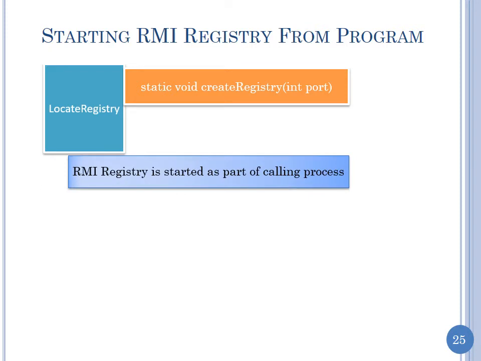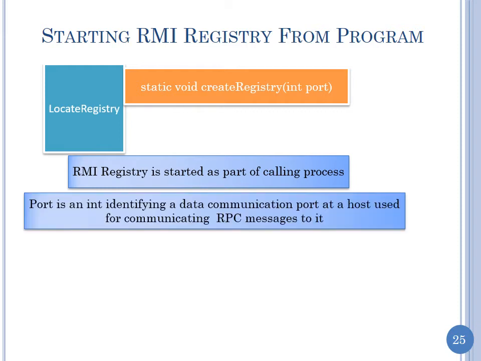So any process can become a name server. I can do ten other things, plus I can become a name server by just saying createRegistry and giving it a port number, and now I've got a remote registry object in me that others can get hold of. Okay, and port is an int identifying a data communication port at a host.